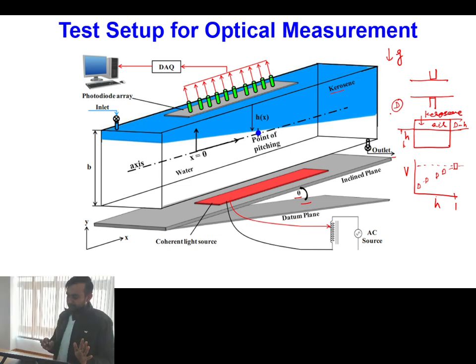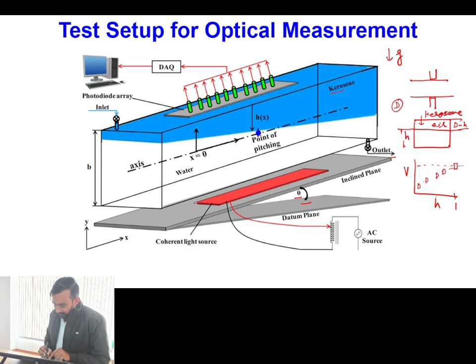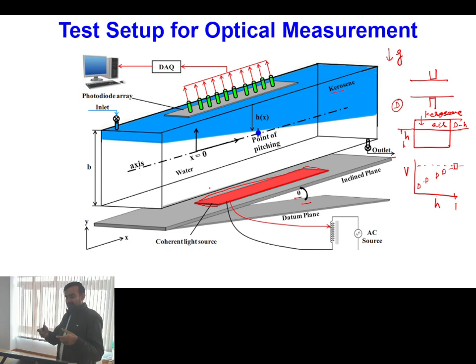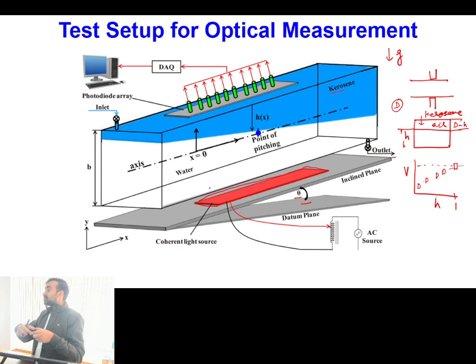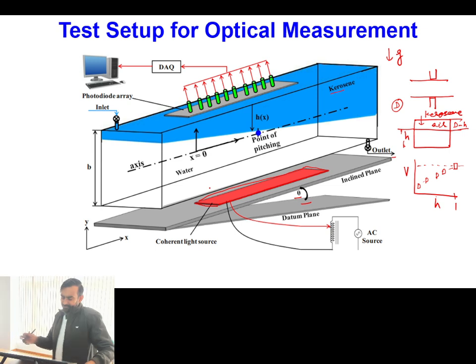So the interface will remain flat, but consider that at the bottom portion you have used a uniform intensity two-dimensional light source. So here you can see your light is nothing but a strip light. Okay, so strip means it's a two-dimensional source, and at the same time you are trying to ensure that the light source gives uniform intensity at each and every point.